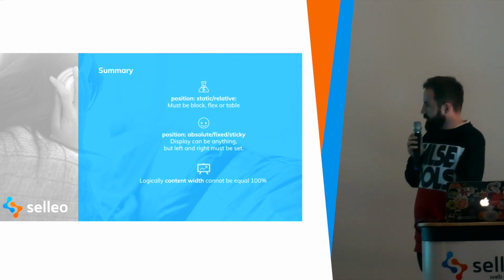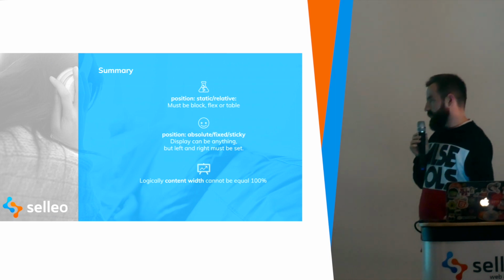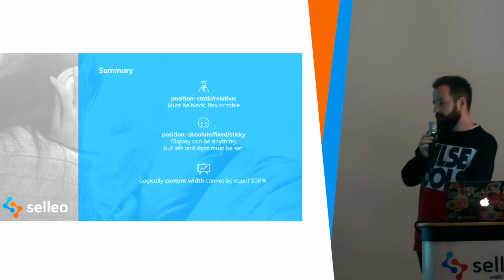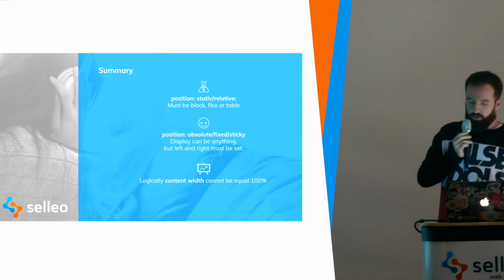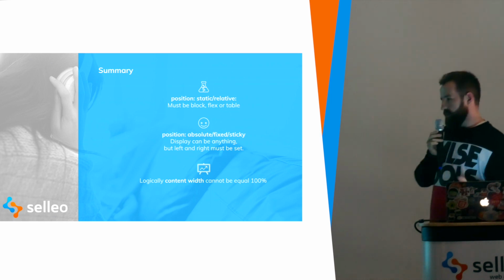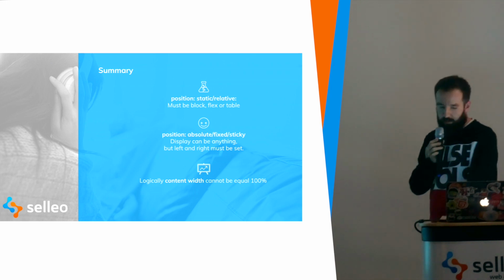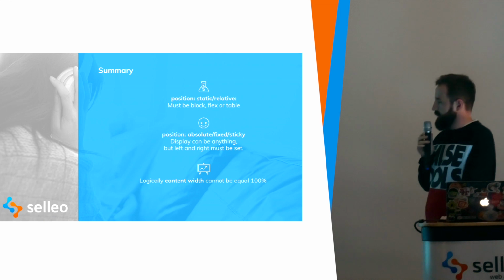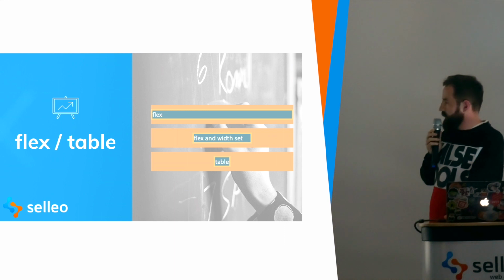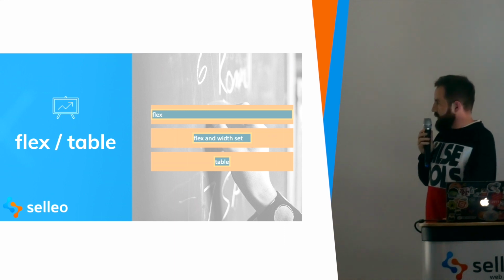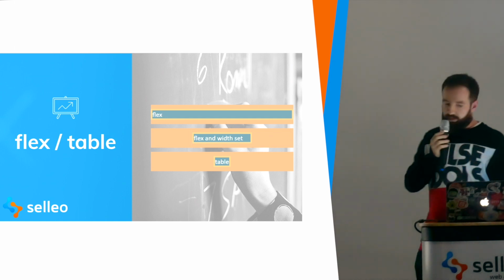For positioning absolute, fixed, and sticky, display can be anything, but left and right must be set because, as I said before, the whole box has to be wider than the content. And last thing, logically, content width cannot be equal to 100%, like in the block or flex scenario. Content is 100% wide, so it cannot be centered in something that is not wider than it.